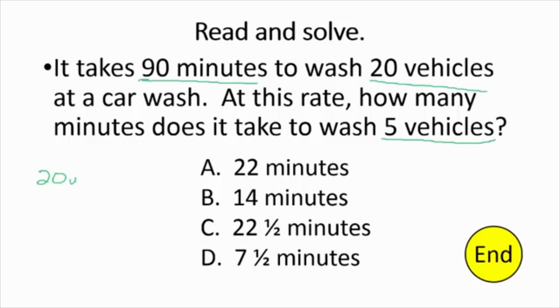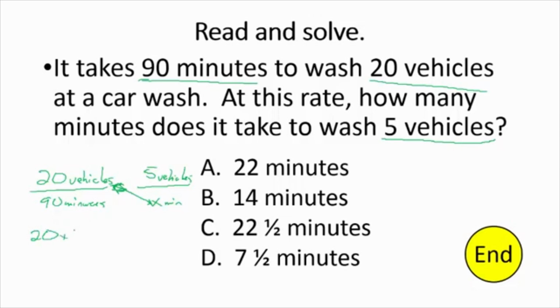If 20 vehicles takes 90 minutes, and we want to know how many does it take to do 5 vehicles, over X number of minutes, because X is the unknown. This is what we call a proportion. Cross multiply and divide.